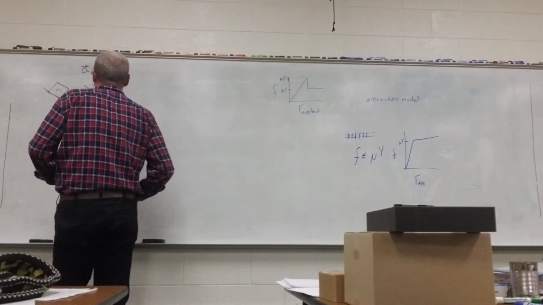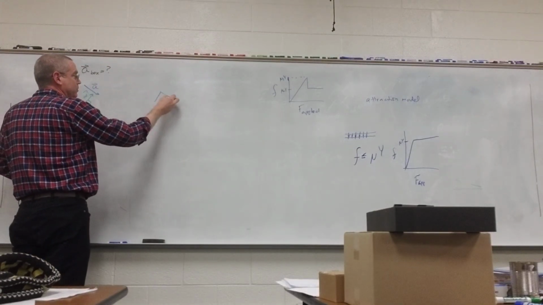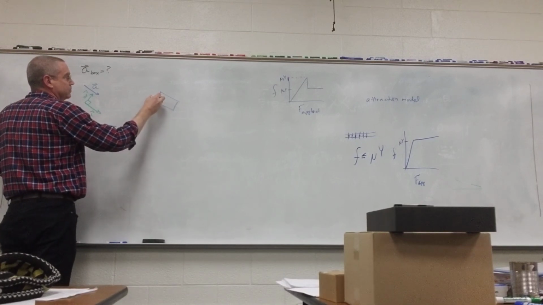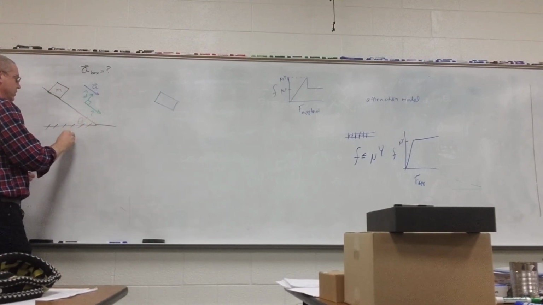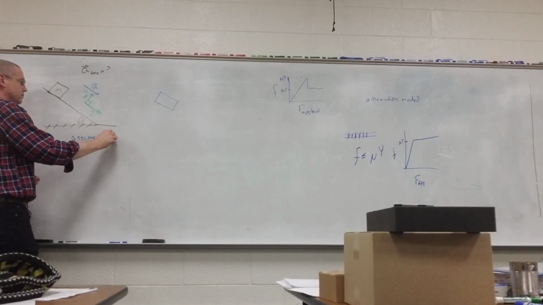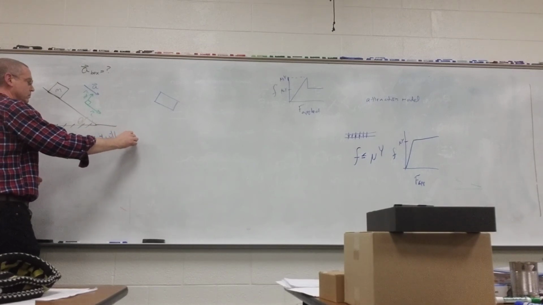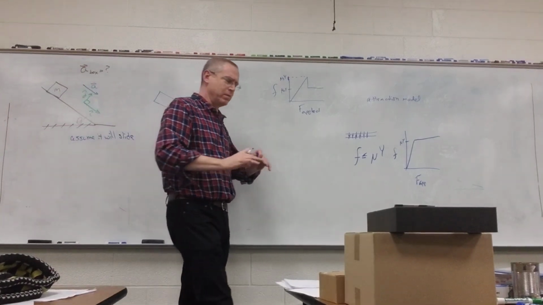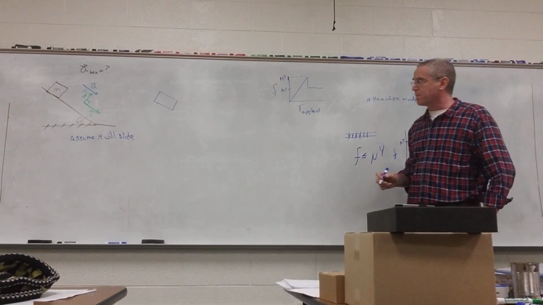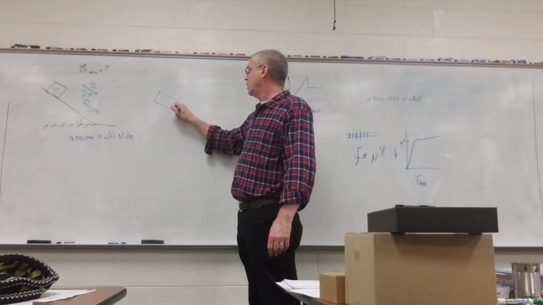All right. So, force diagrams, as we now have friction. Assume, for the sake of this, that it will slide. In other words, I'm not worried about the static friction at the moment.